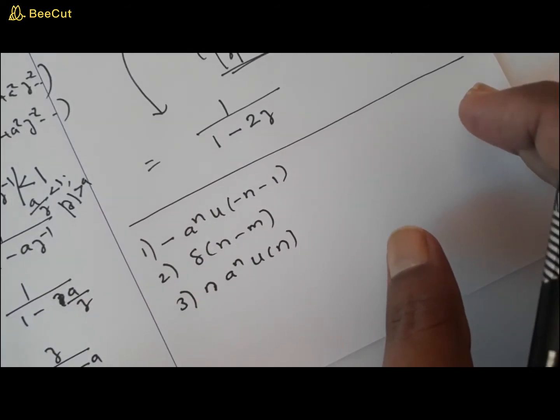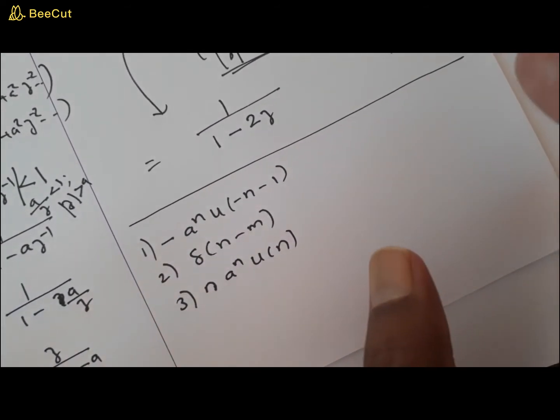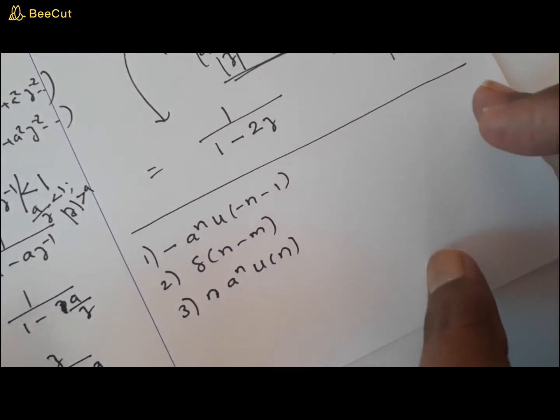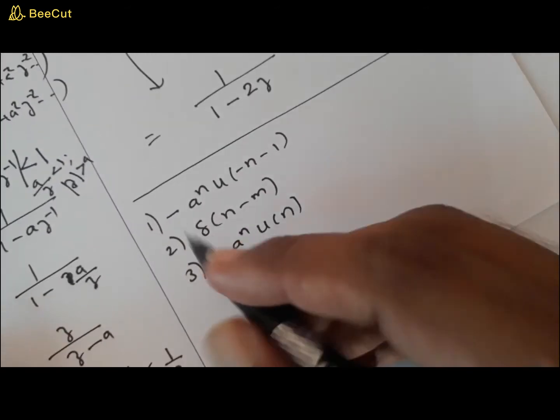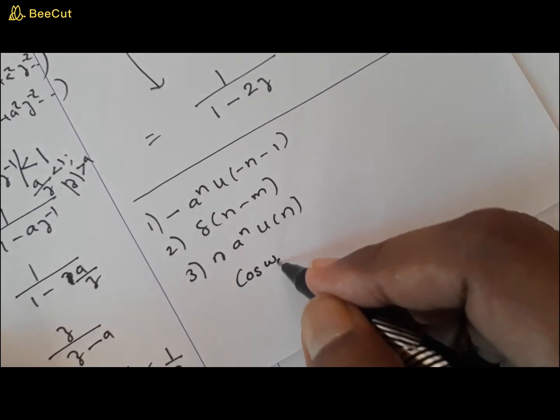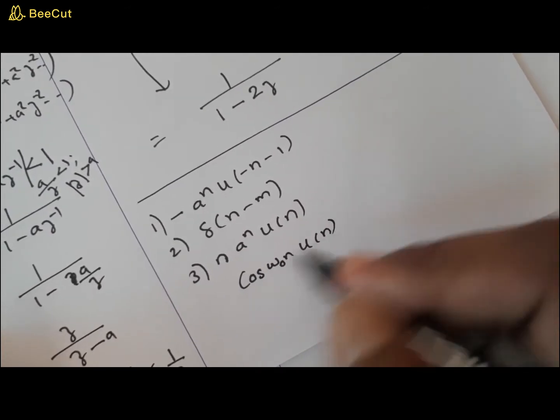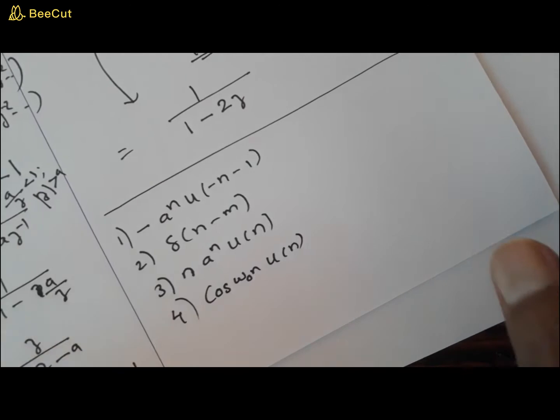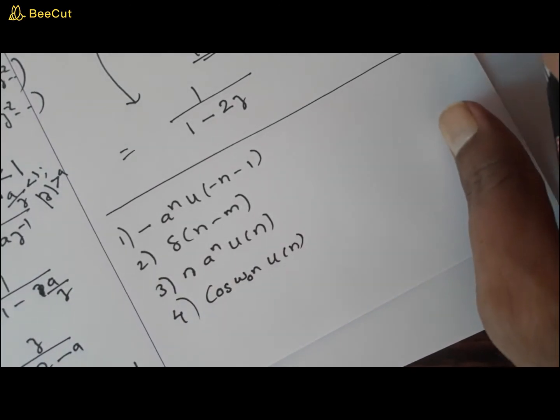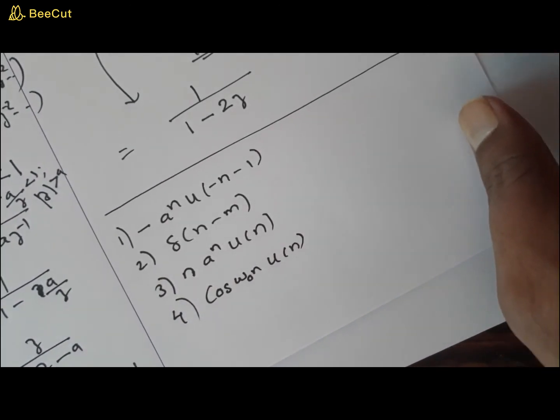Okay, now we have already seen something about cos and sin omega 0 n. So similarly you can try cos omega 0 n into u of n. So you may just go through the textbook and find the table containing these Z transform pairs.